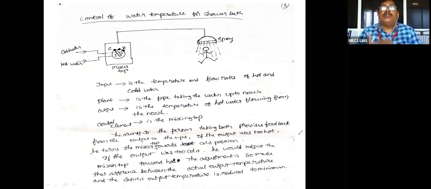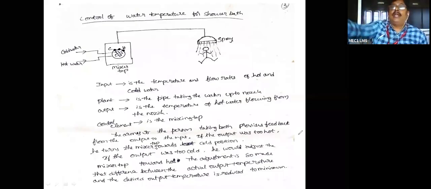Feedback element means whenever you are in the shower bath, if you are not feeling well, for example the temperature of the water is too cold, then automatically with the help of your feedback, the hand will activate. Here the hand is a controller, a controlling element.